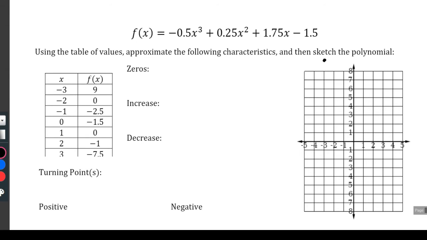It's a little off the charts, but we're just going to write it there. At -2, we're at 0. At -1, we're at -2.5. At 0, we're at -1.5. I'm actually going to change this to make this a little more visible.